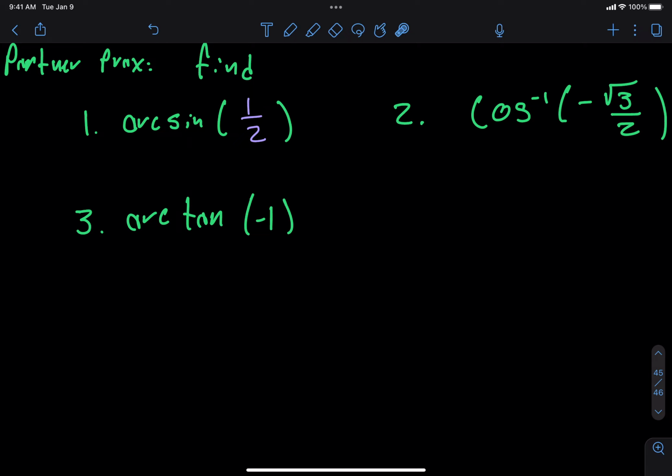This way. So don't you want to find this one? What do you get for this one? I just didn't write it down. She got caught up in talking. Sorry.